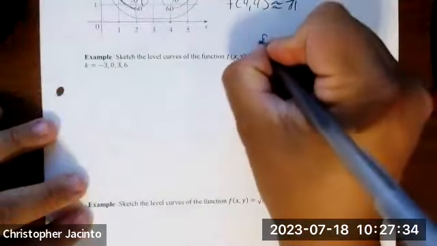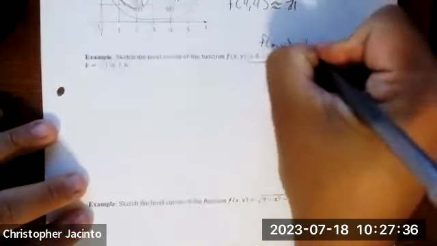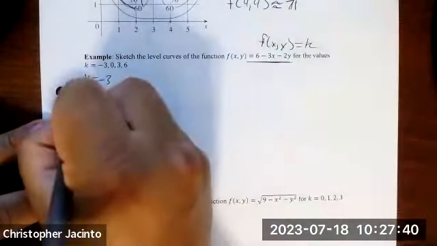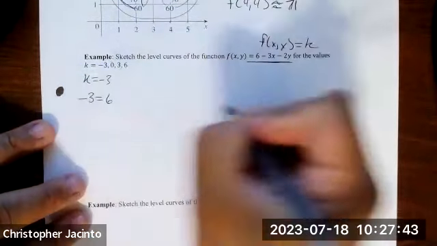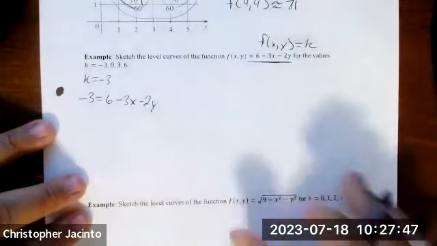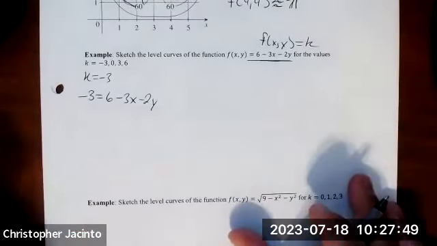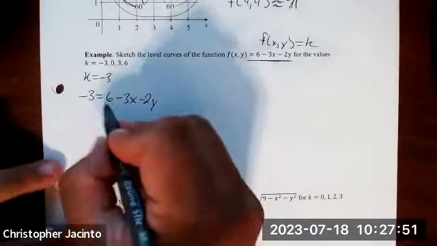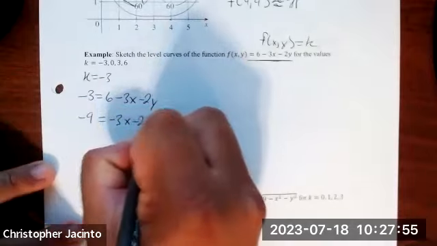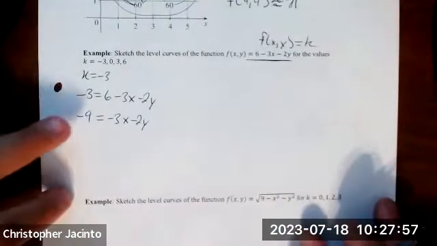So remember, our equation is f of x, y is equal to k. So if k is equal to -3, all I'm going to do is plug in -3 and set it equal to the entire function. Bringing this over gives us -9. And now all we do is graph that.